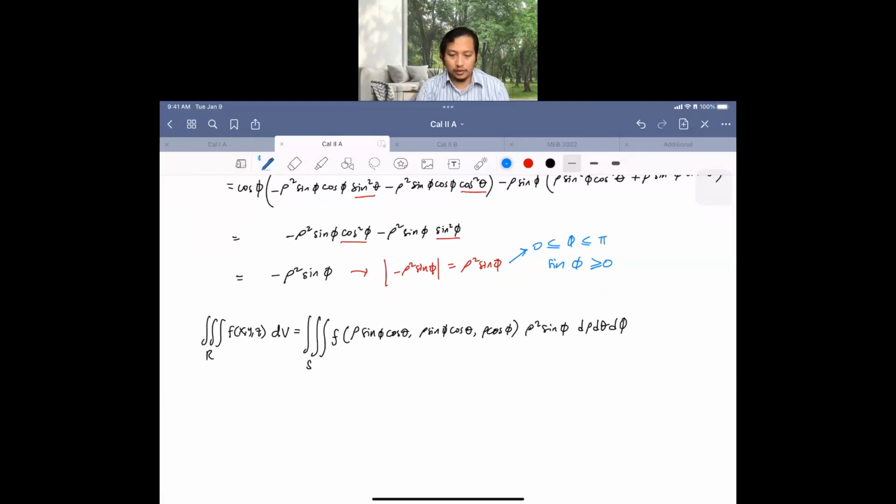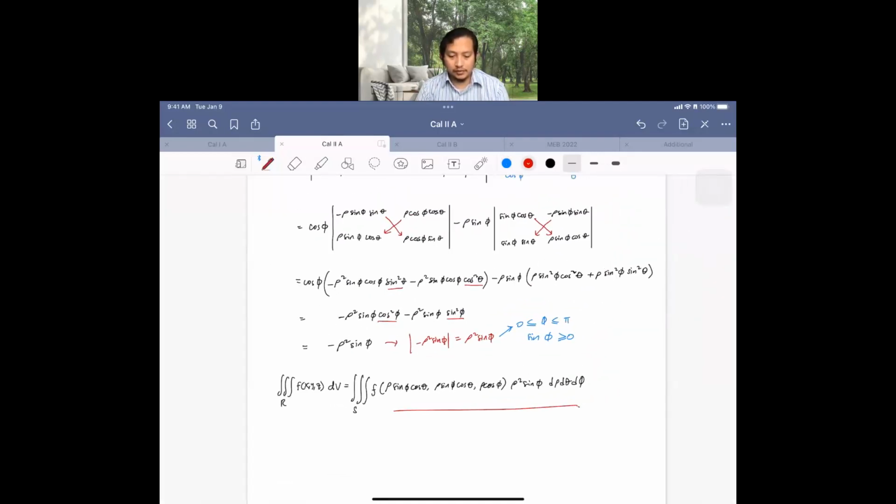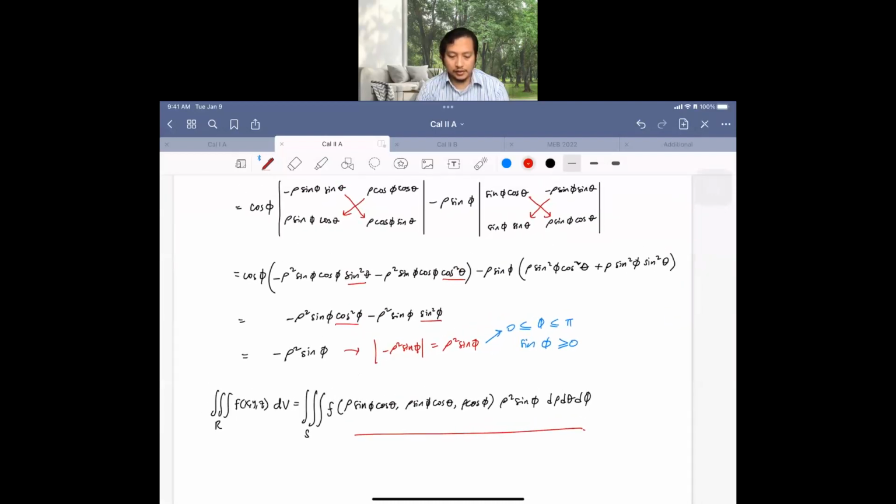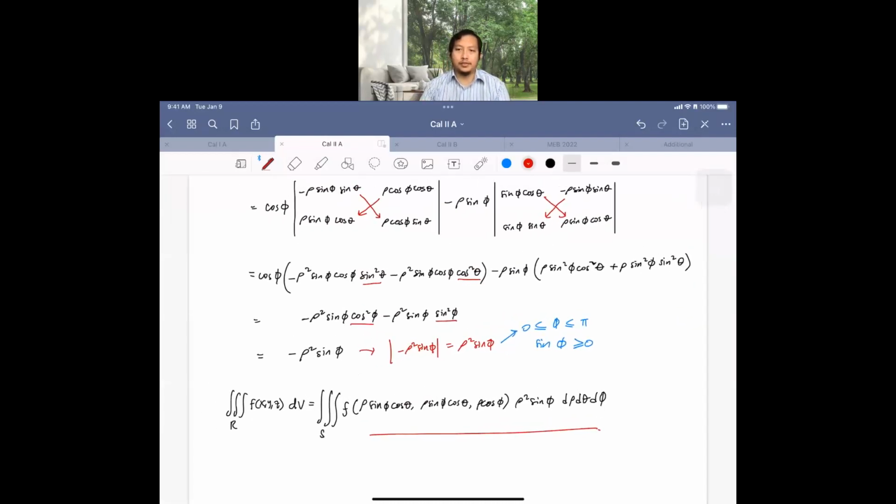And this is what we have, the same equations for the conversions from Cartesians to spherical coordinates.